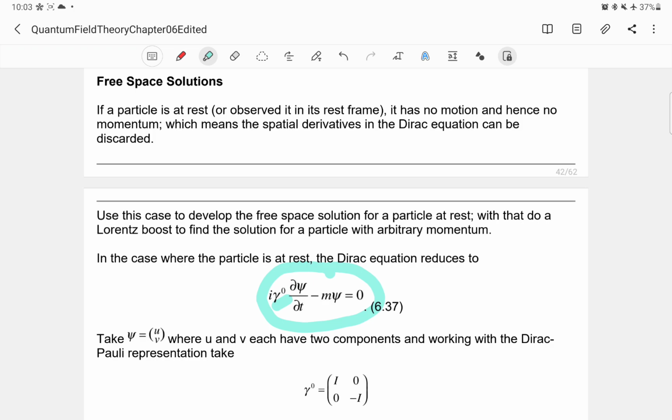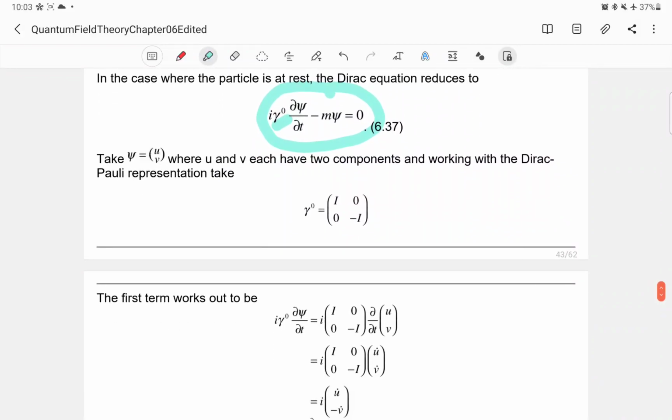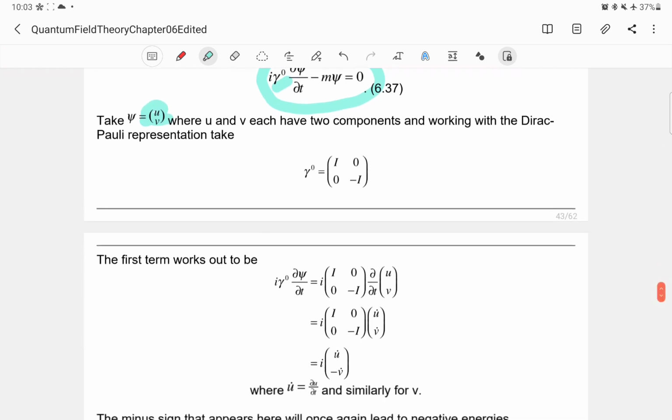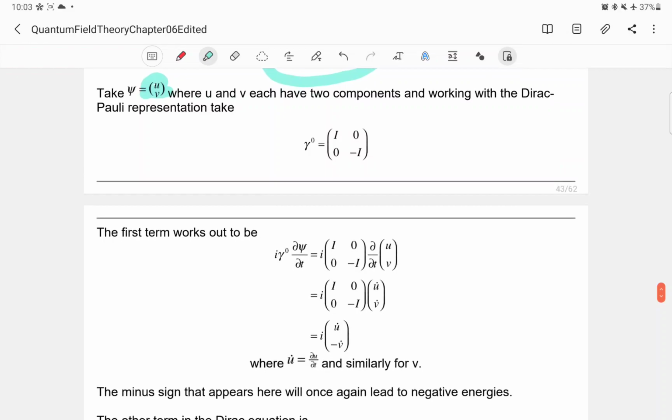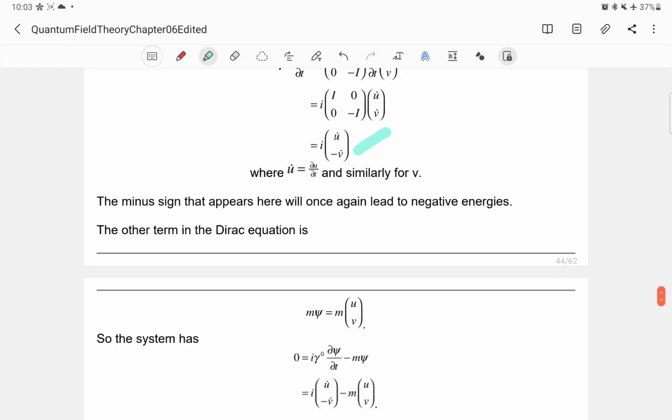So taking our field to be this one, composed of particle and antiparticle, if we substitute that here, and by the way, u dot is the partial derivative of u with respect to time, and of course that would be similar for v.